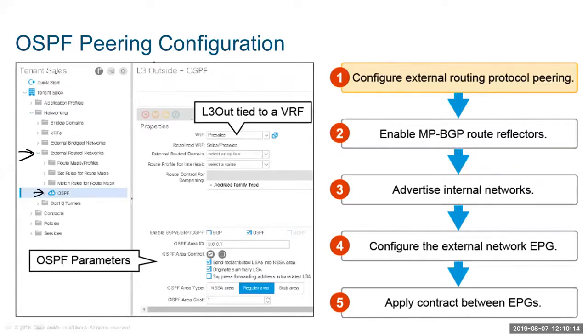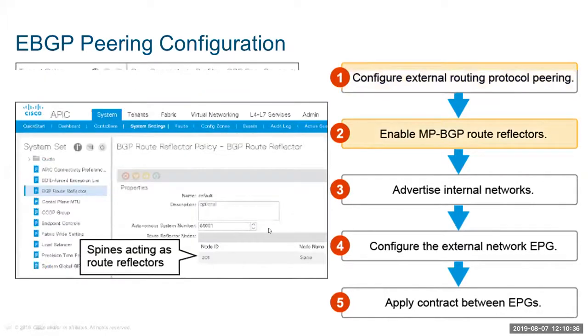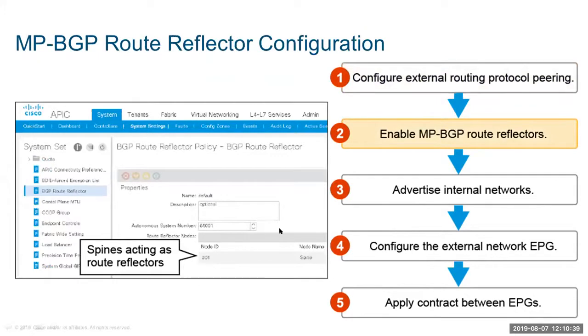You can do MD5 authentication with OSPF as well as with BGP. Do you want to send the extended community? Do you want to send community? Those are because we select BGP as your peering protocol. Right there shows you how you configure under system settings, route reflector, configure the AS number, and one or more spines as your route reflector.